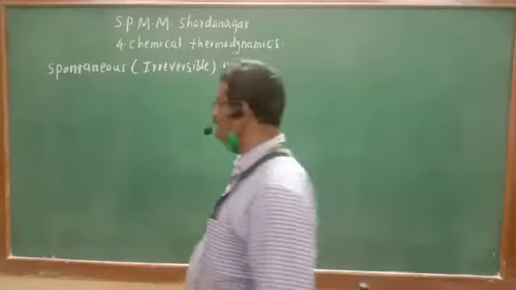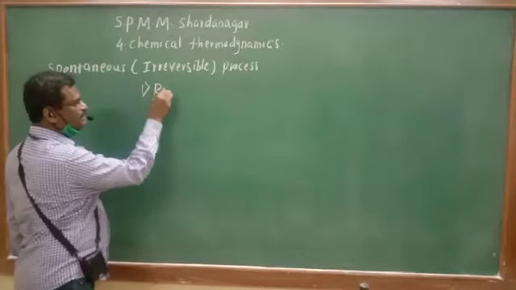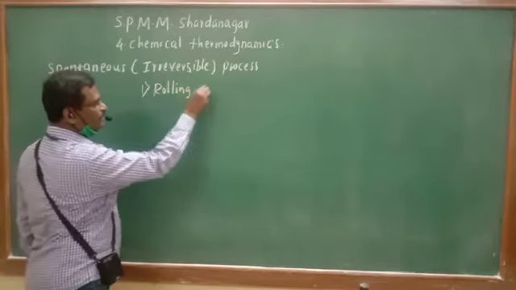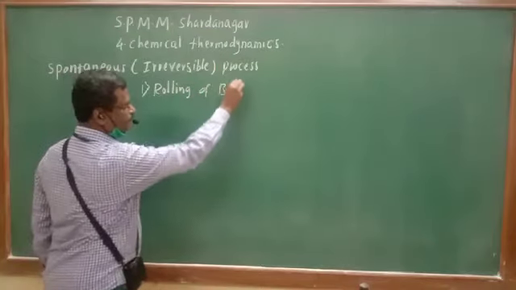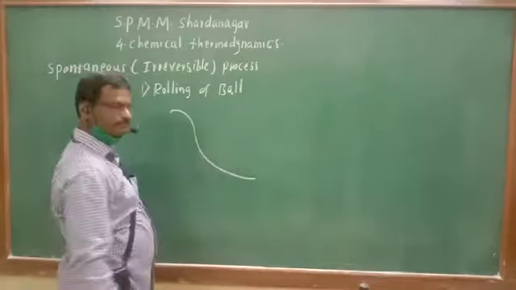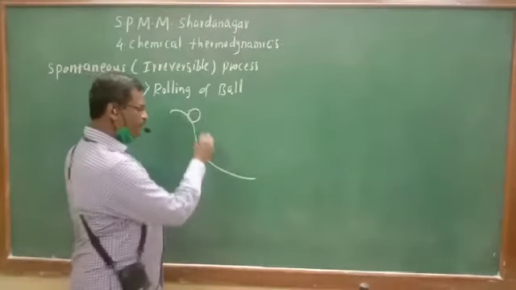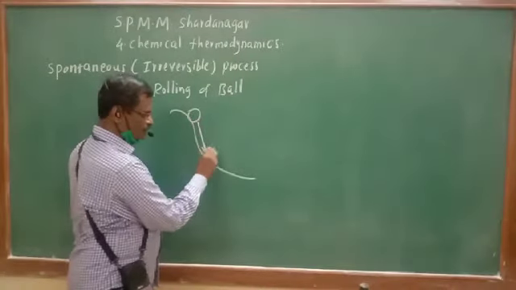So let us see certain examples. Suppose, let us consider the example of rolling of a ball. Suppose we have this type of ground. If the ball is placed over here, what happens? It rolls down.